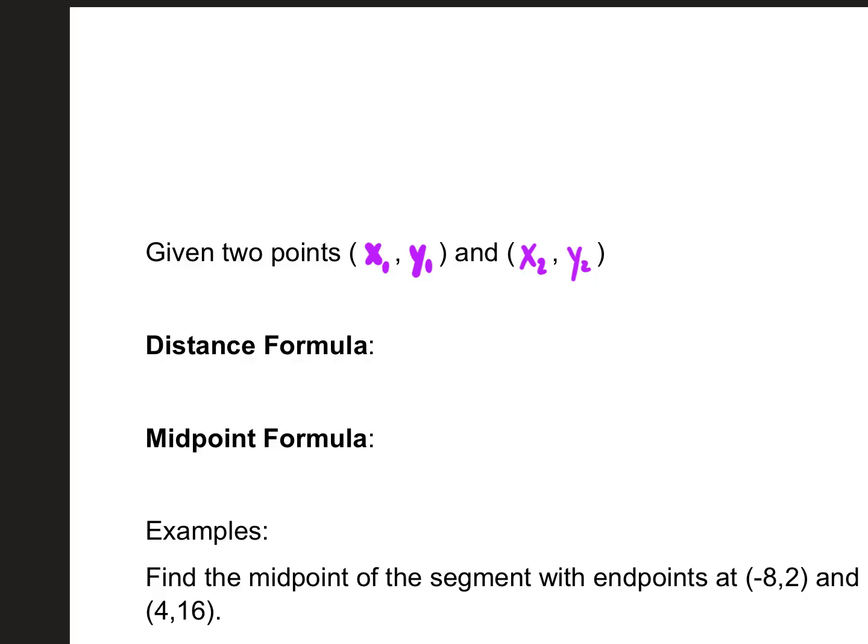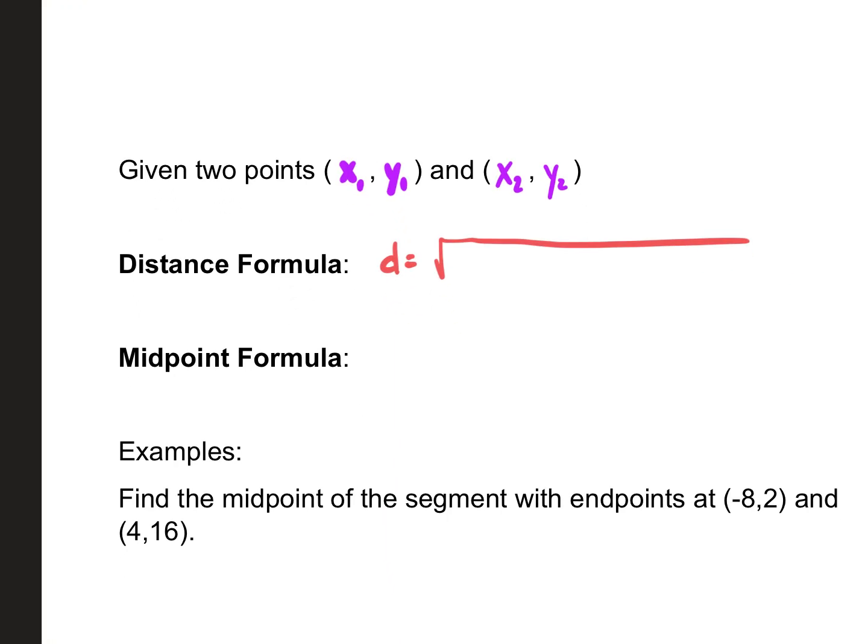You can have two formulas here to figure out two things. One is how far apart or what's the distance between those 2 points. And so that formula can be calculated for d for distance is the square root of the difference of the x coordinates squared plus the difference of the y coordinates squared.